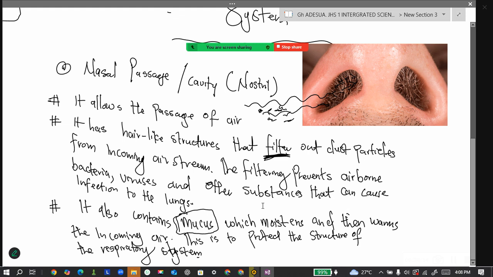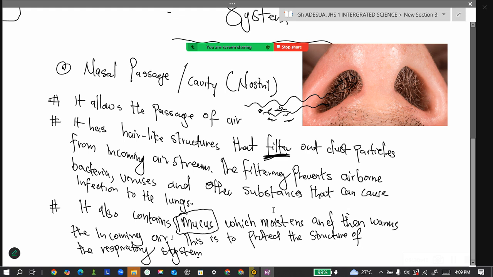It has a function. What does it do? It moistens and warms the incoming air that enters the respiratory system. So sometimes if you don't feel like blowing your nose, don't force those things out of your nose. God knows the reason why He brought them into your nose. So don't just remove them.